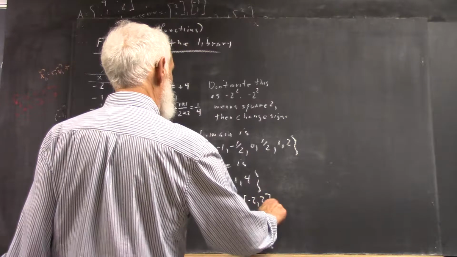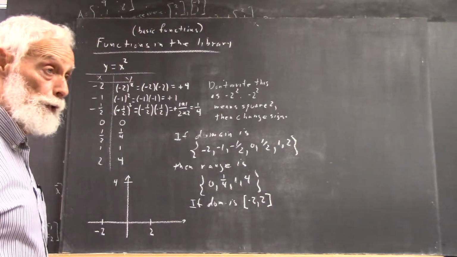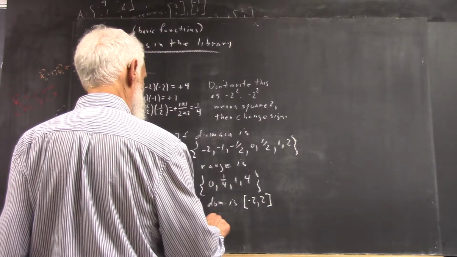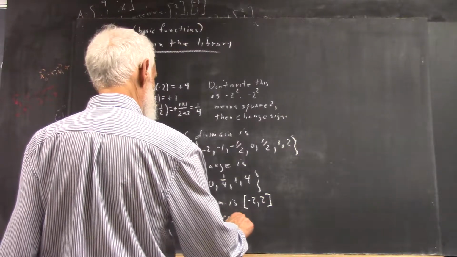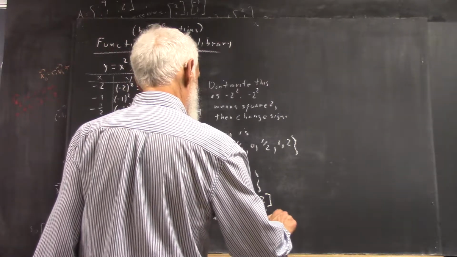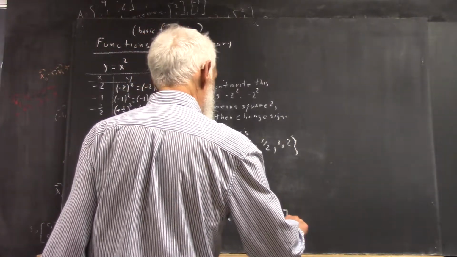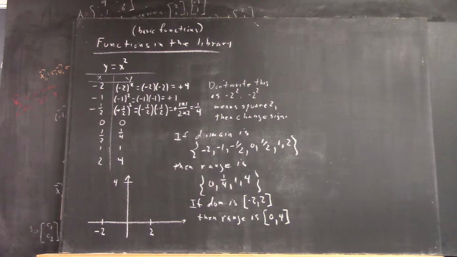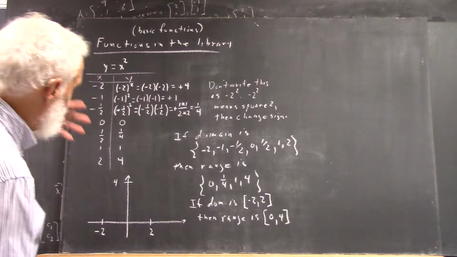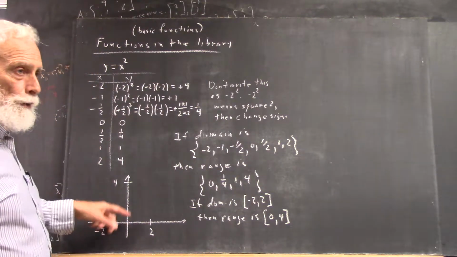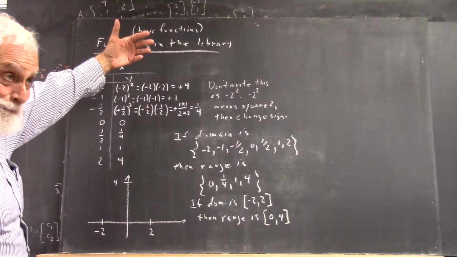So if the domain is the interval from -2 to 2, then the range will be the interval from 0 to 4, right? Okay?